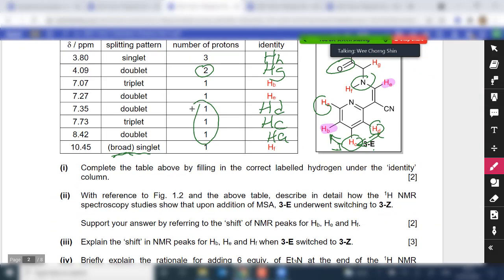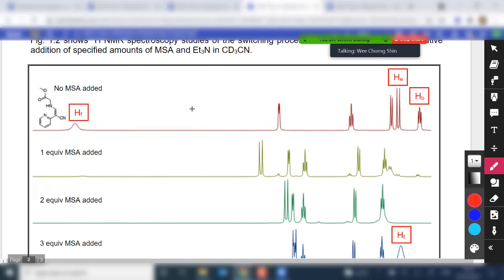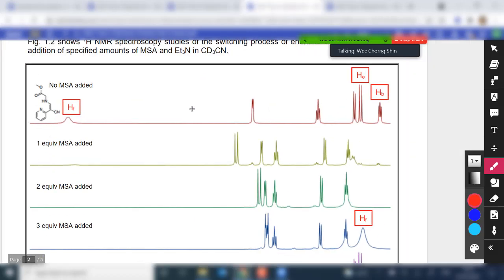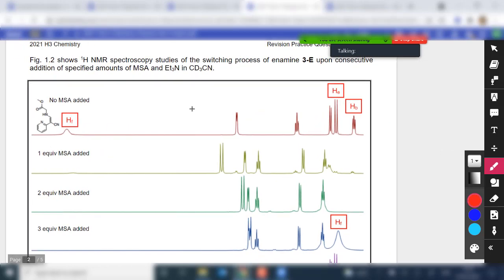And then comes the most interesting question here, which is with reference to 1.2. How does the switching take place?